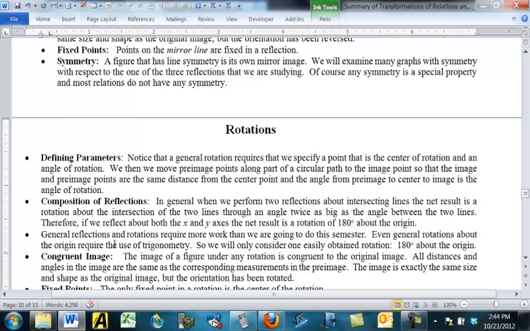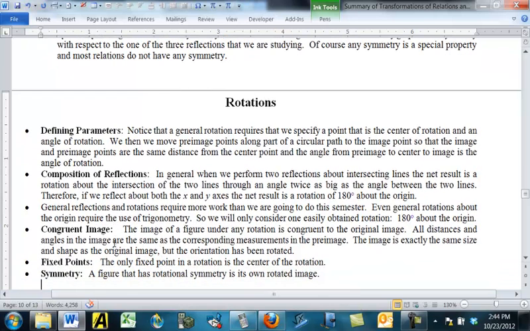We also had a similarity transformation, and that was where we had a dilation, and so there our figure was scaled up or down. It still maintained the same angles, but not the same lengths, but the lengths were proportional. And then when we had a strain, horizontal or vertical strain, things got stretched and distorted.